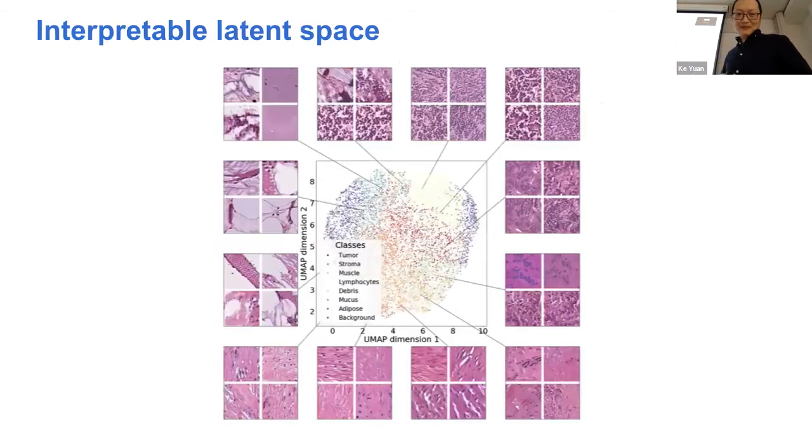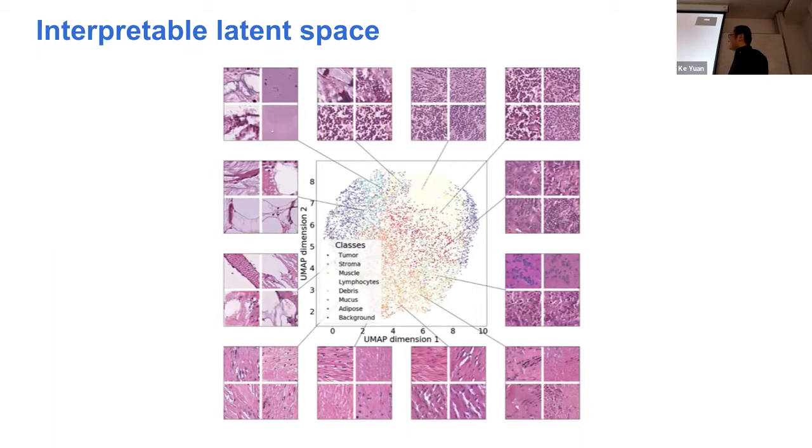Okay, so now let's take a look at the latent space of those images. This is an example of image tiles from a colorectal cancer data set. Each of the dots in this UMAP representation is a UMAP-reduced dimension of the original feature space, color coded by tissue type.